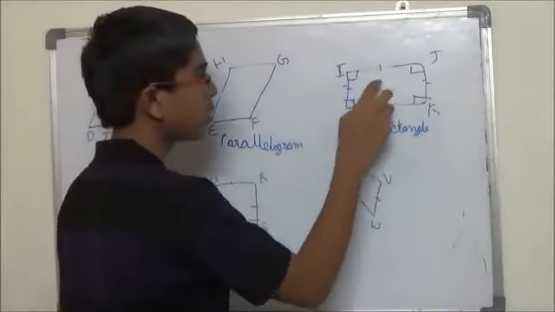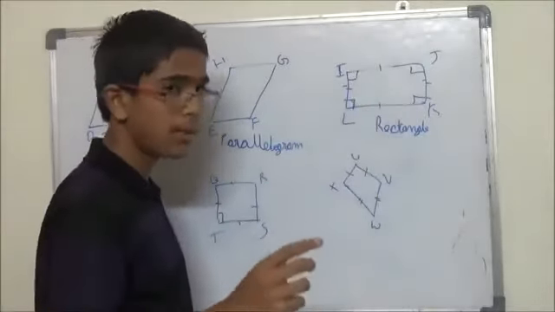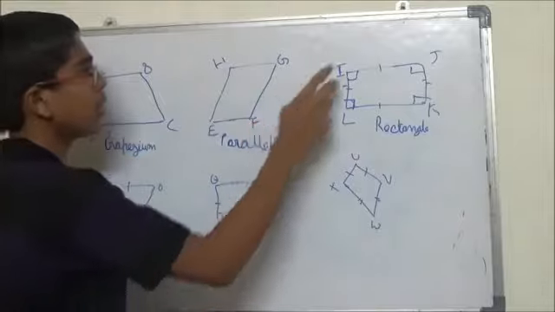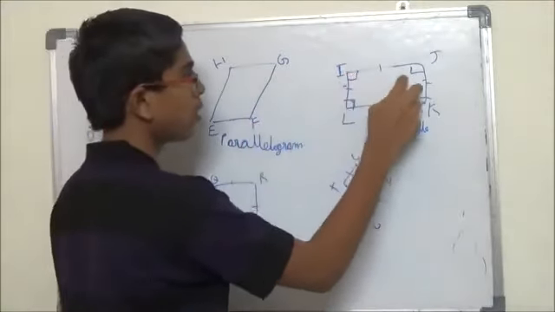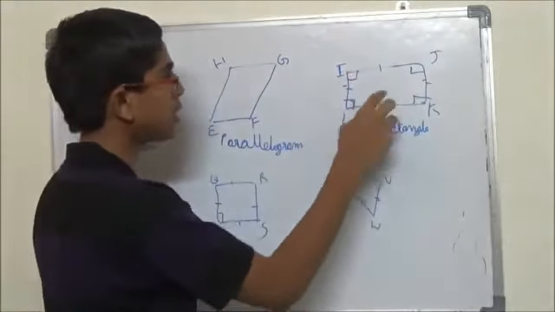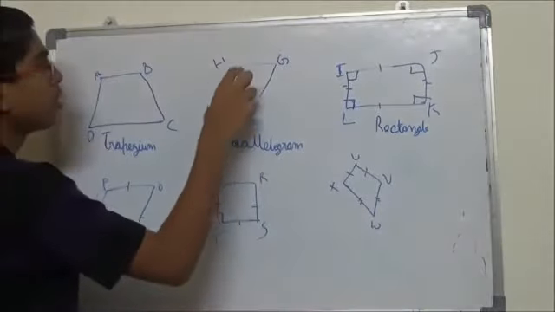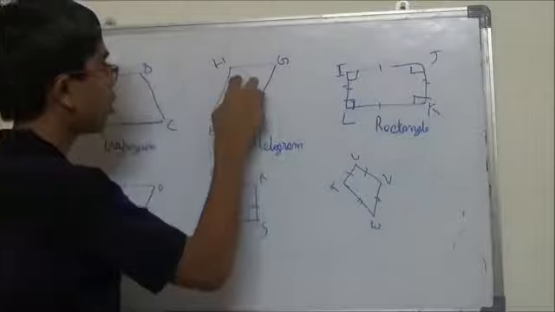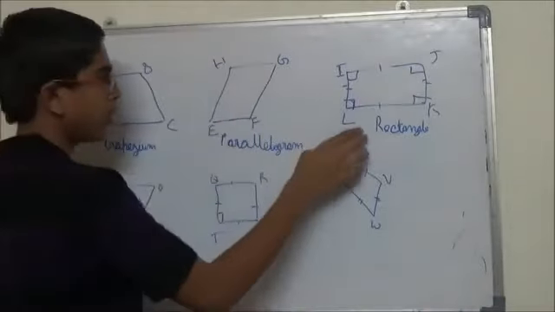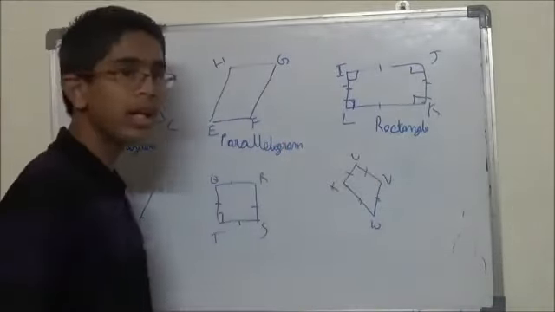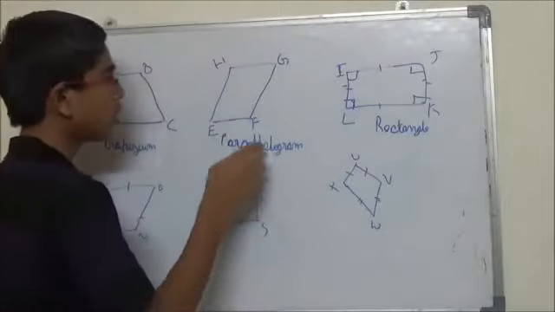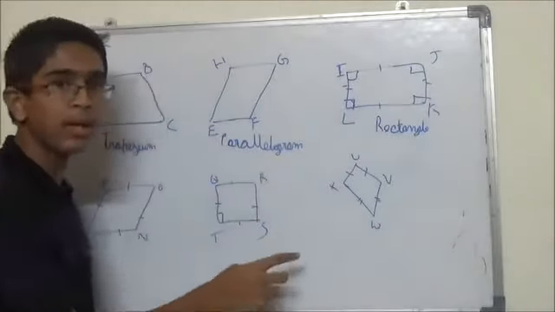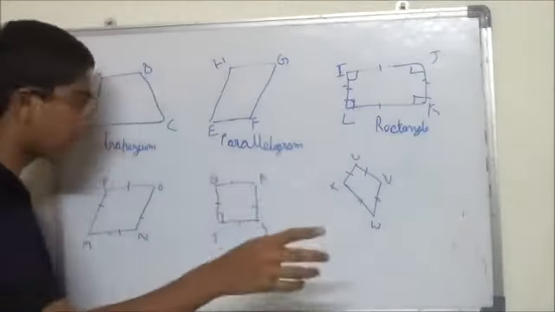In a rectangle also, opposite sides are parallel to each other. But the only difference is that all the angles are 90 degrees. In a parallelogram, the opposite sides are parallel and equal, but not all the angles are 90 degrees. So that's the difference between a parallelogram and a rectangle.